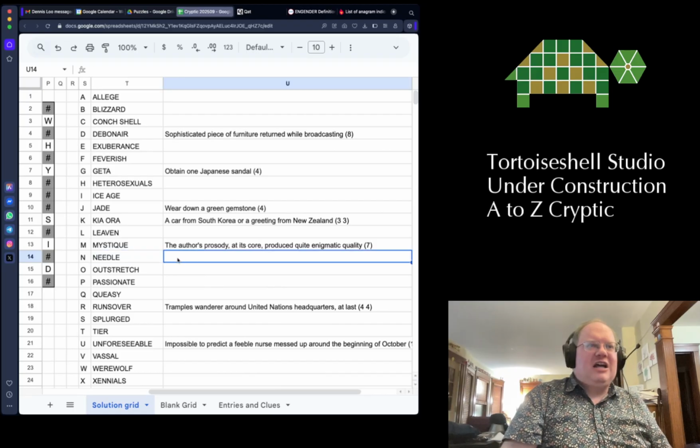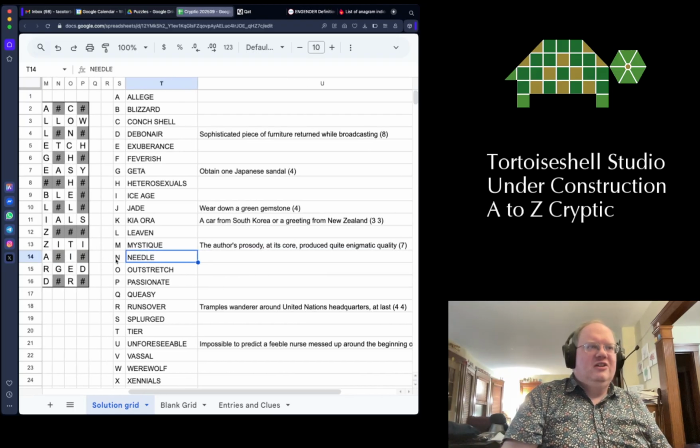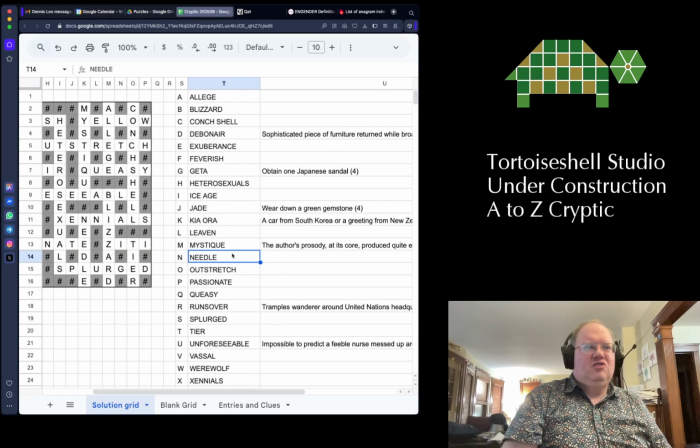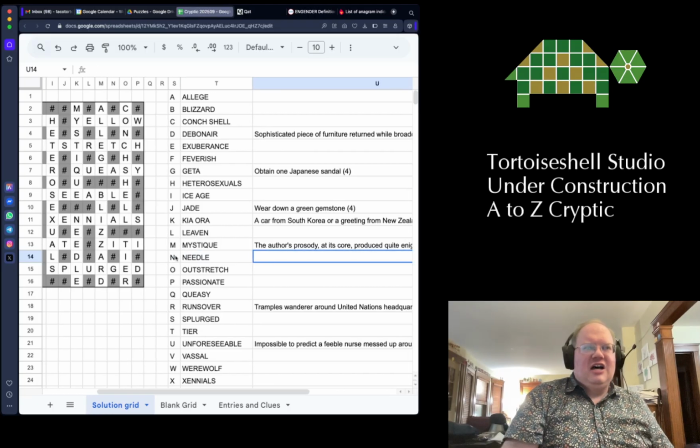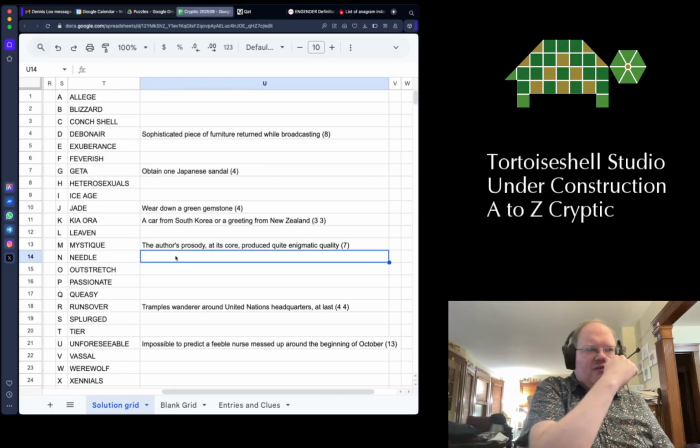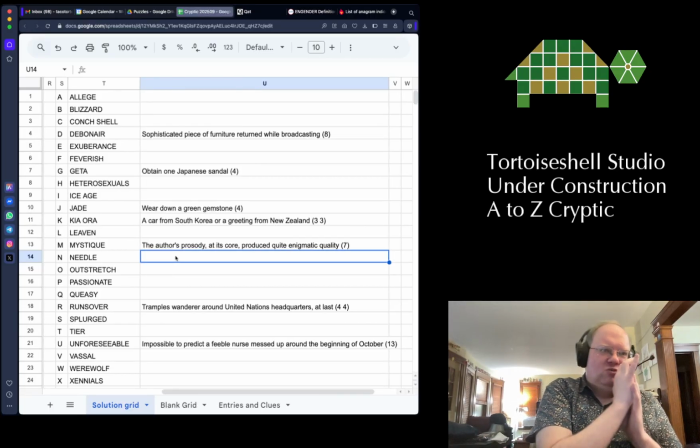So I want to not use the French here, just because it is need plus le. That's a very obvious dissection of the wordplay, and I don't want to.